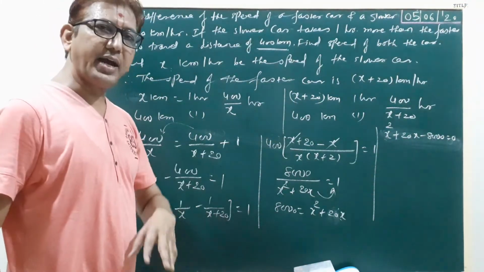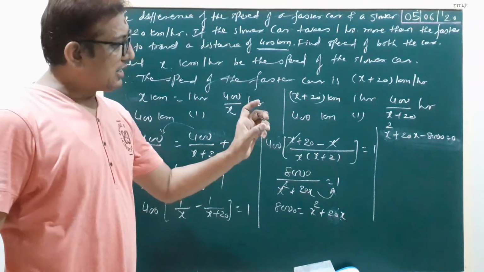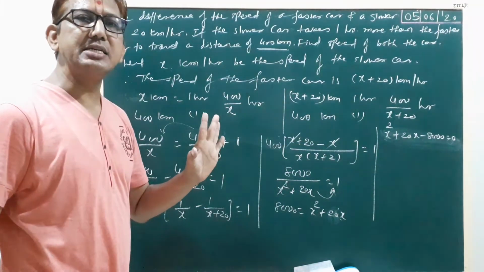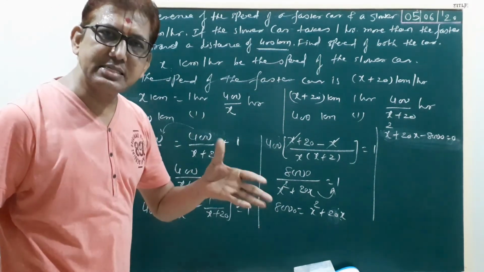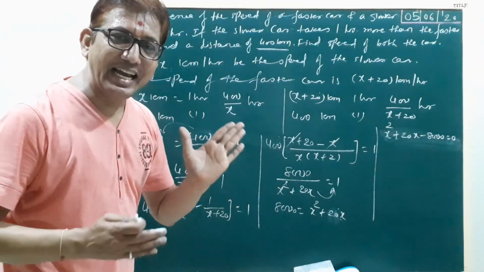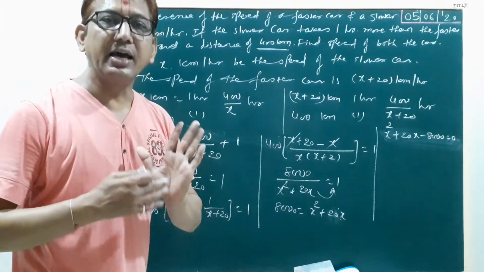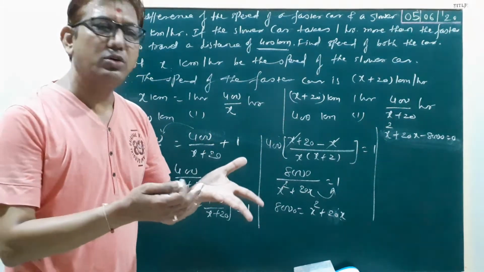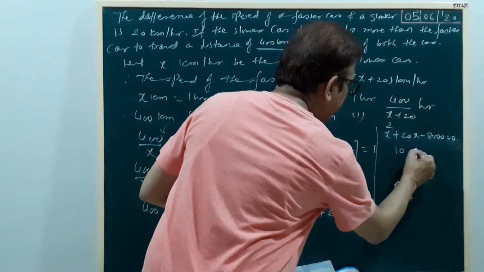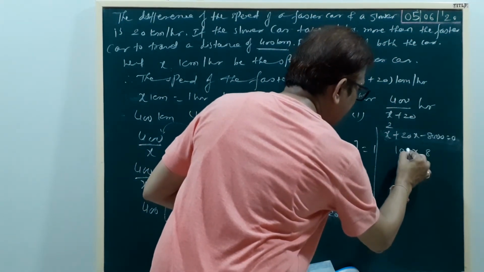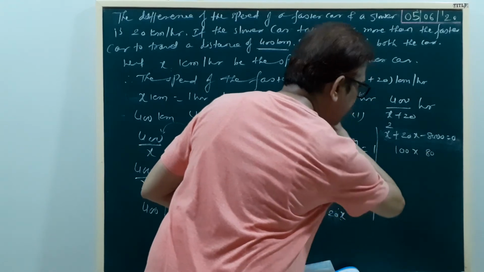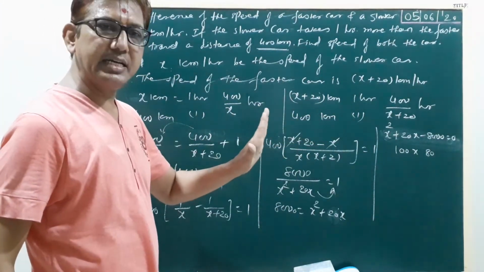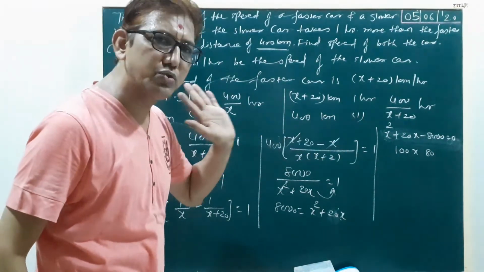Now splitting the factors of 8000, the difference of these two factors is 20. Very easy. 100 into 80 is 8000, and 100 minus 80 is 20.